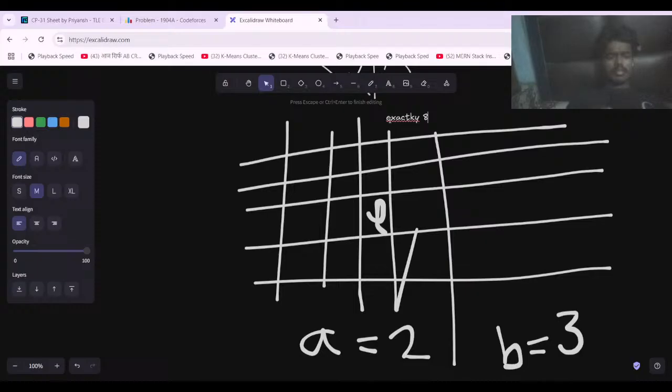So we don't have infinite cells to check. Remember, you have exactly eight cells from which the knight could have attacked the king, and exactly eight more cells from which the knight could have attacked the queen.